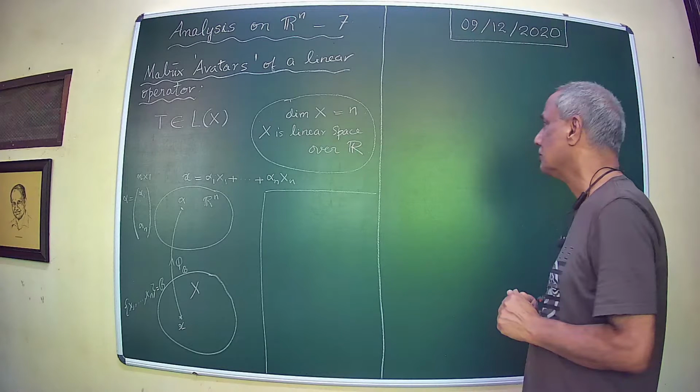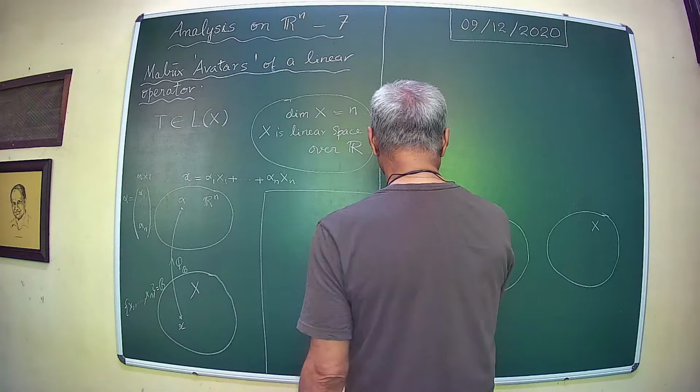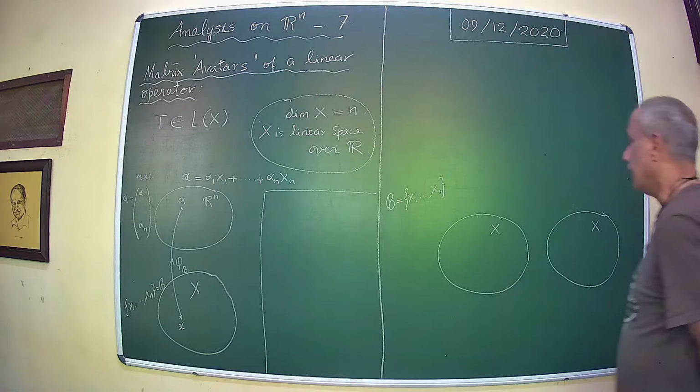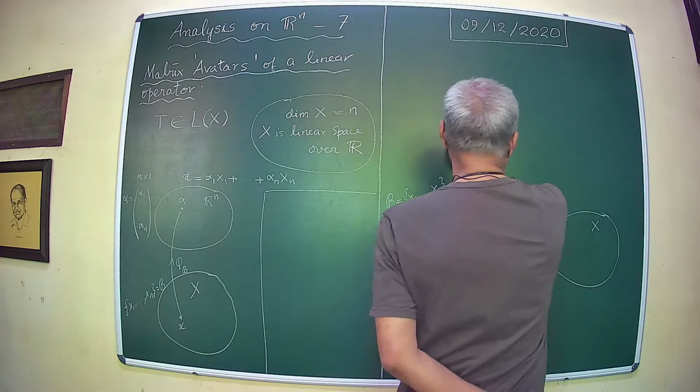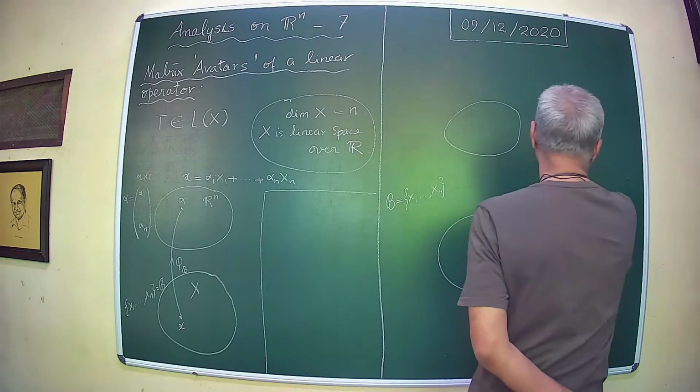I have X, I make another copy of X. We fix the ordered basis. So this is the ordered basis I have. Now you see that once I fix the ordered basis, I have a copy of Rn.